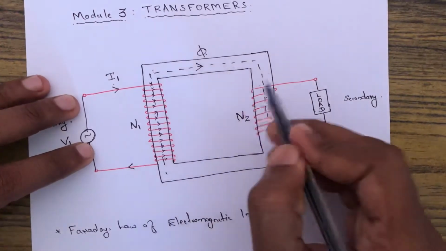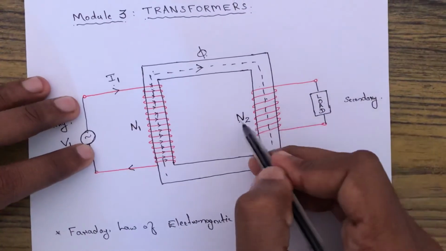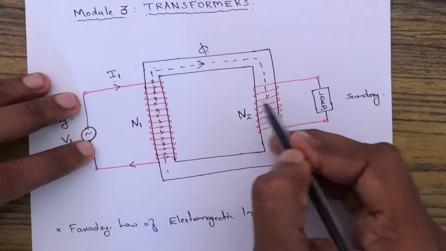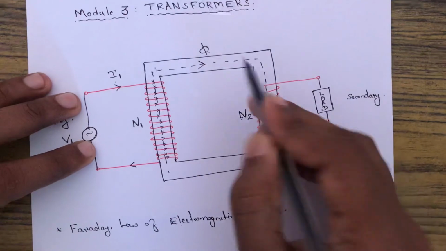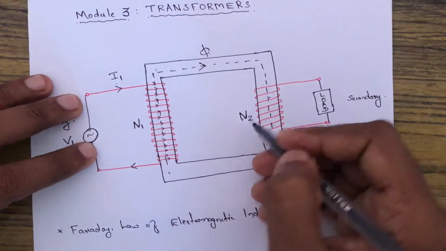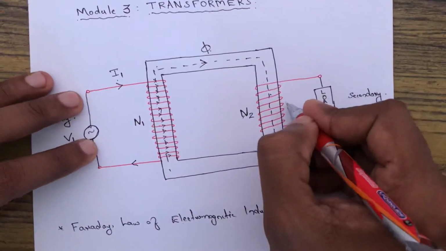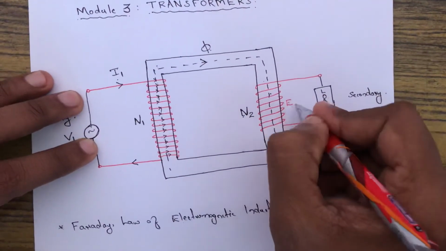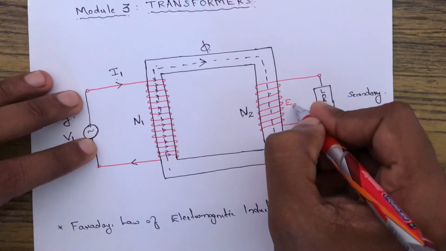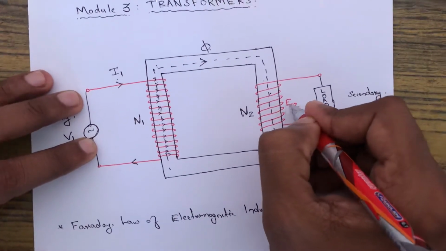The flux is alternating, and the conductors are sitting stationary, so an EMF will be induced in this conductor. Since it is the secondary side, we represent it as E2.